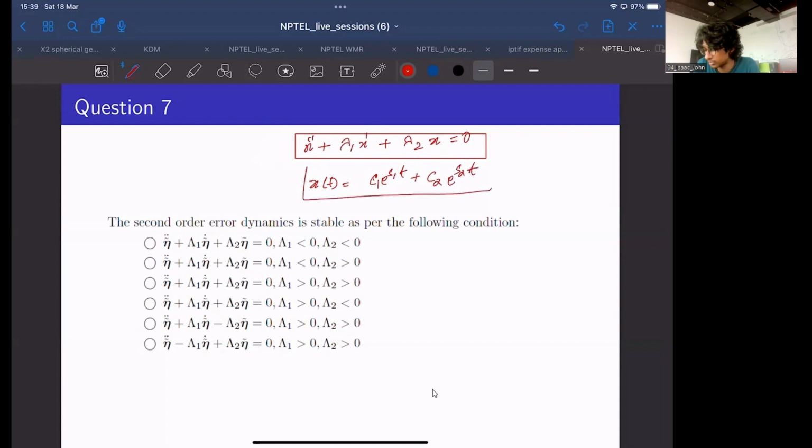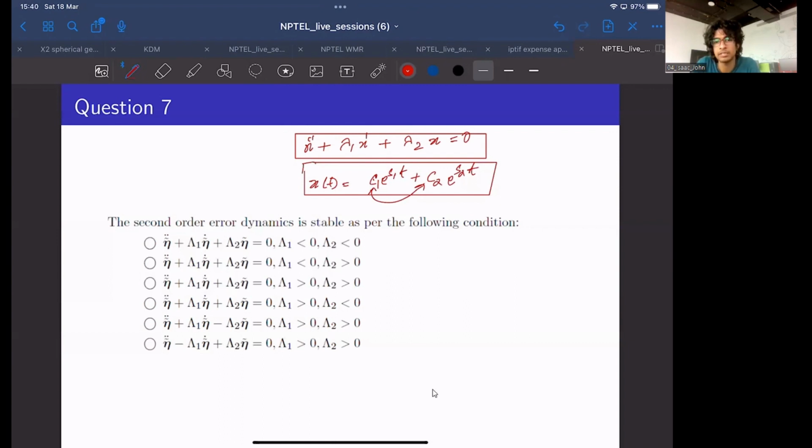This is how a second order system's response would look if we solve the system. Right? C1 and C2 are arbitrary constants that depend on the initial condition, and S1 and S2 depend on the system parameters.